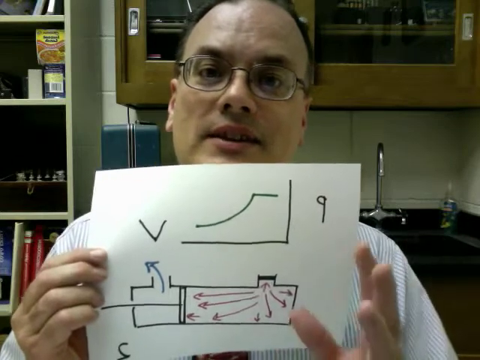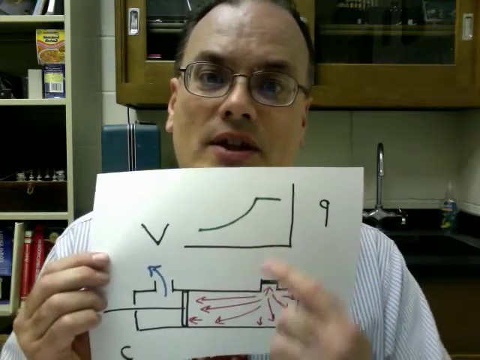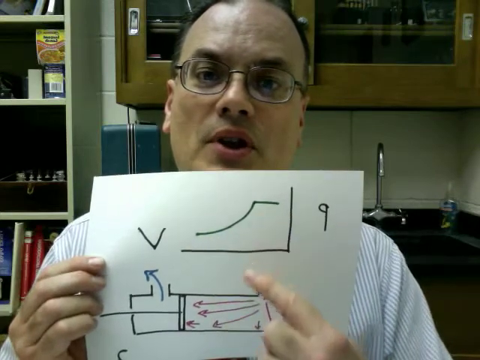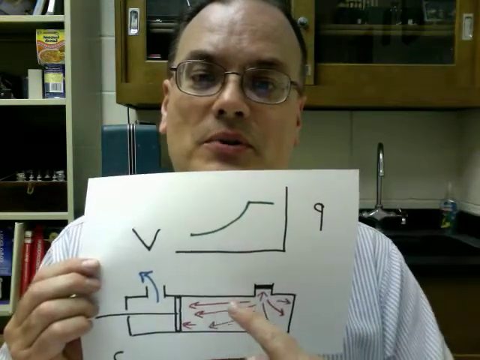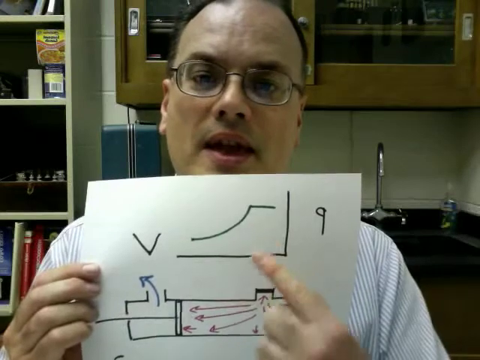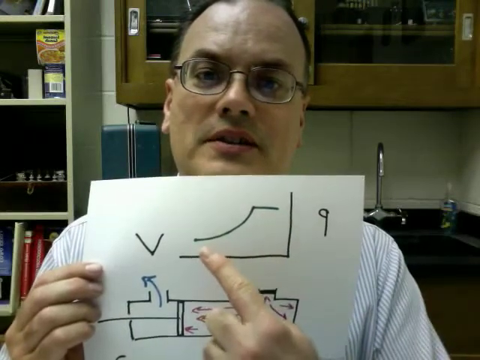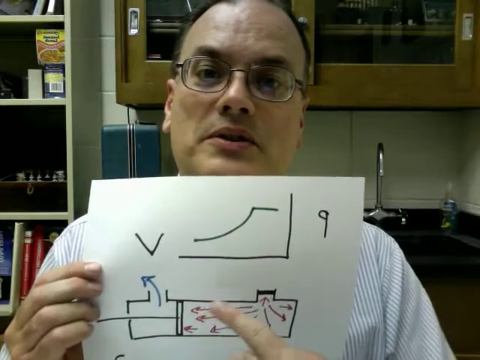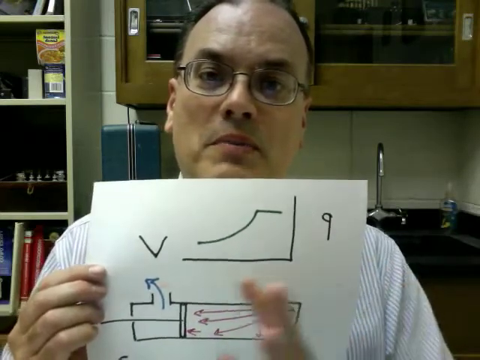And as it continues to expand, the pressure drops. The volume increases because our piston is moving, but the pressure of our steam is dropping even as the steam continues to do work by pushing against the piston.